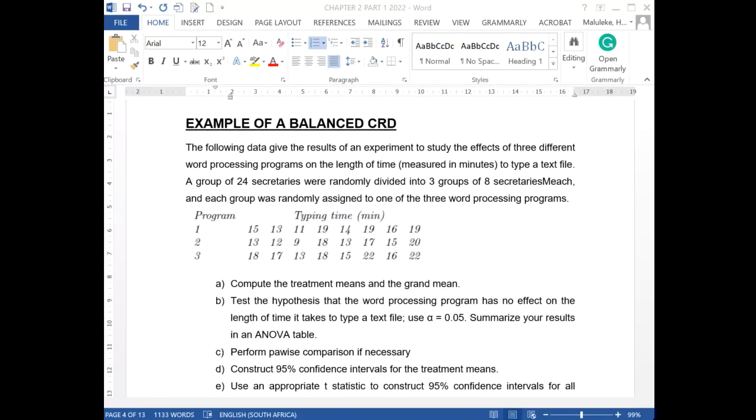I don't know what's happening with the mic. So what is our T? Let's do this thing together. What is our T, Ronewa?